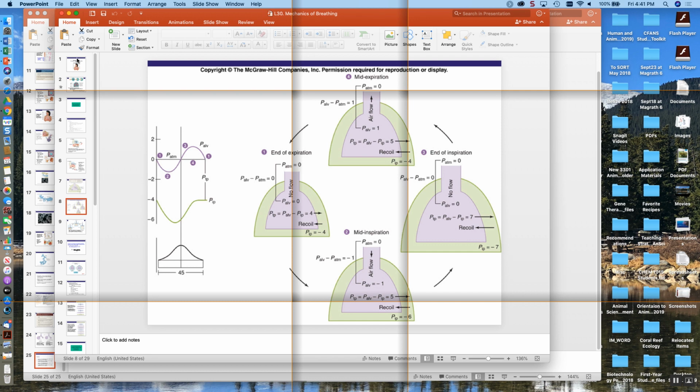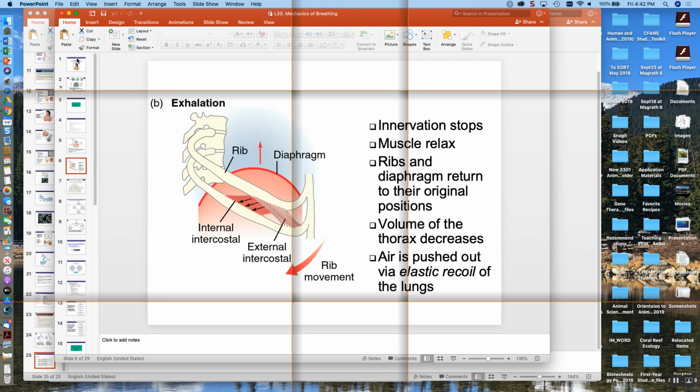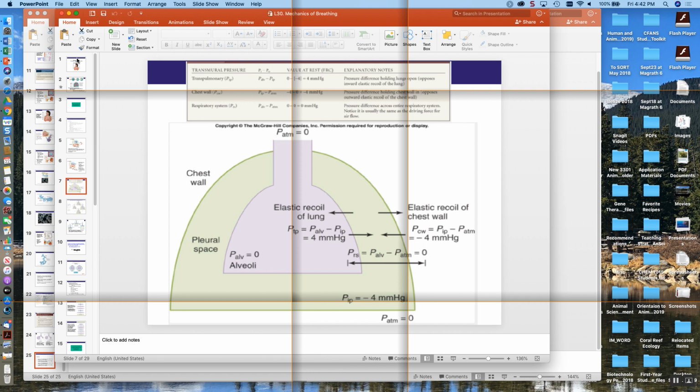With this slide, all I want you to know is these 3 definitions. Transpulmonary pressure is the difference between the alveolar pressure here in purple and the intrapleural pressure. This pressure right here is going to be 0 minus -4, so it's going to be 4 millimeters of mercury.